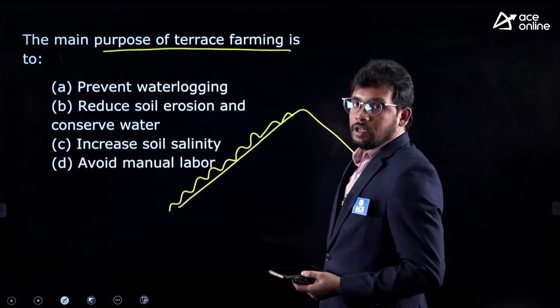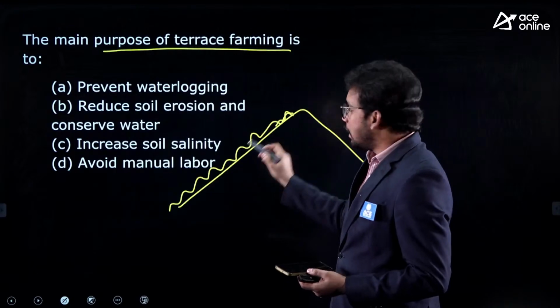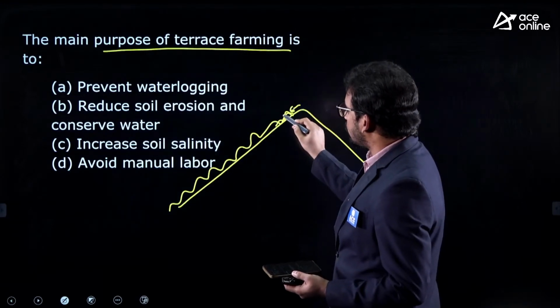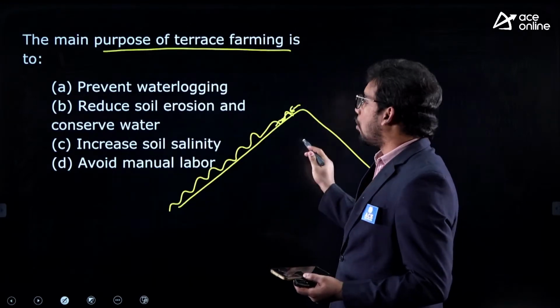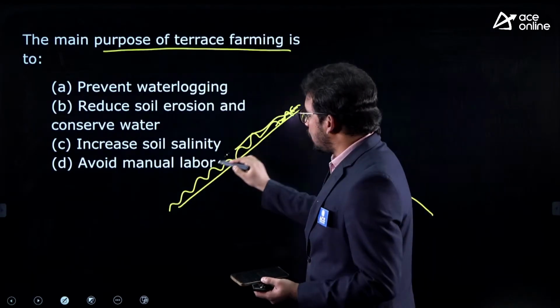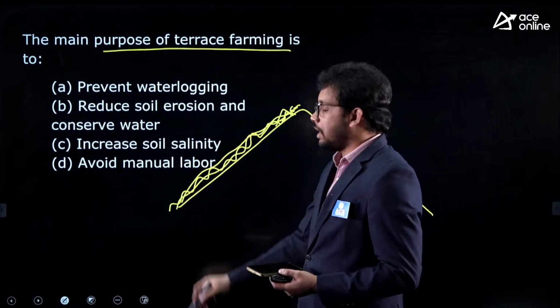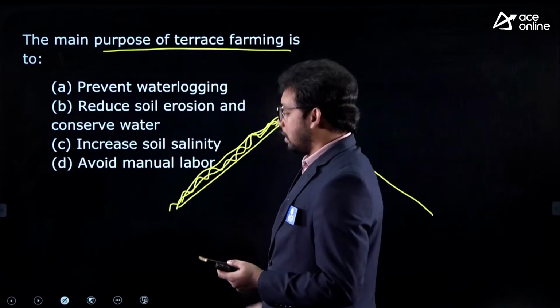We create a step-like structure on the hill slope and then cultivate. Water is sent slowly, so there should not be any water logging or standing water. Water should flow completely. Fresh water is needed. Cultivating in a step-like structure is called terrace farming.